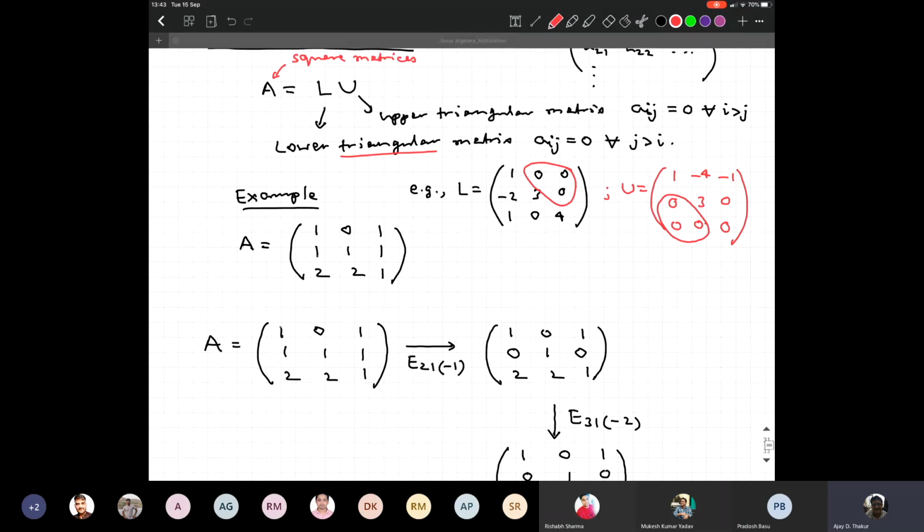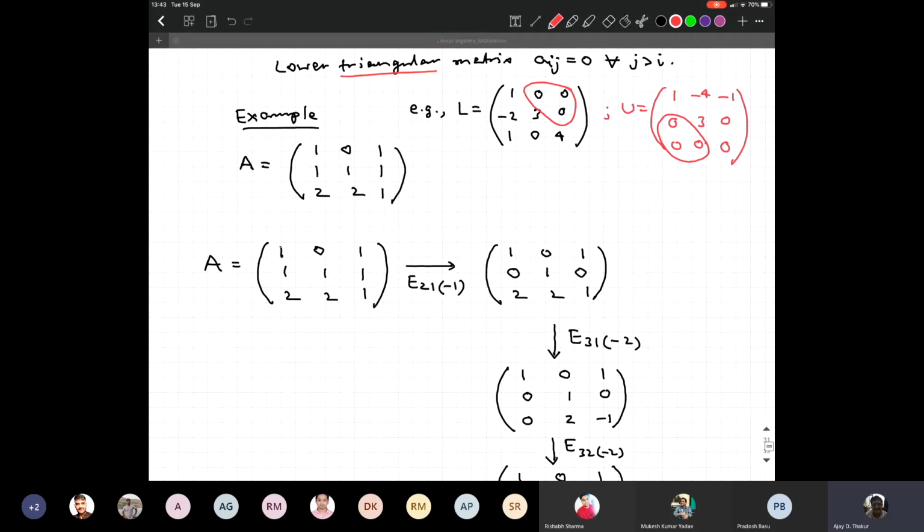So what you see is first you apply a transformation E21 minus 1. So the corresponding matrix for this, E21 minus 1, is going to read like 1, 1, 1 along the diagonal, and the second row, first column is going to be a minus 1.